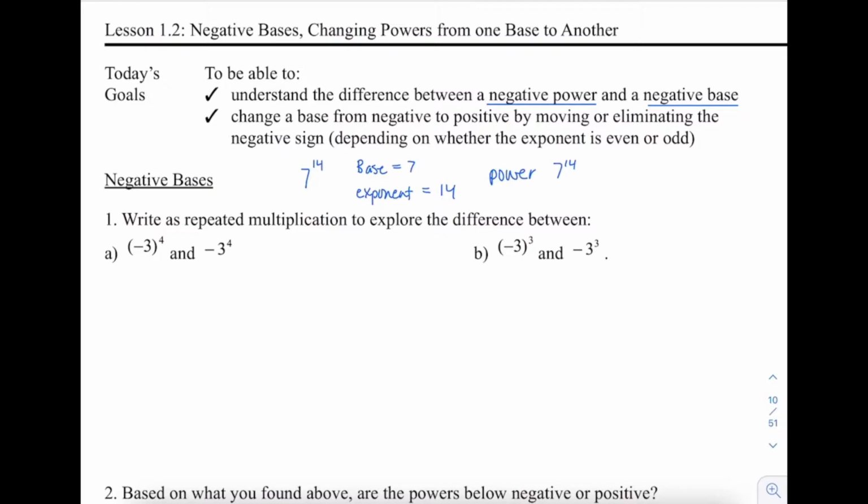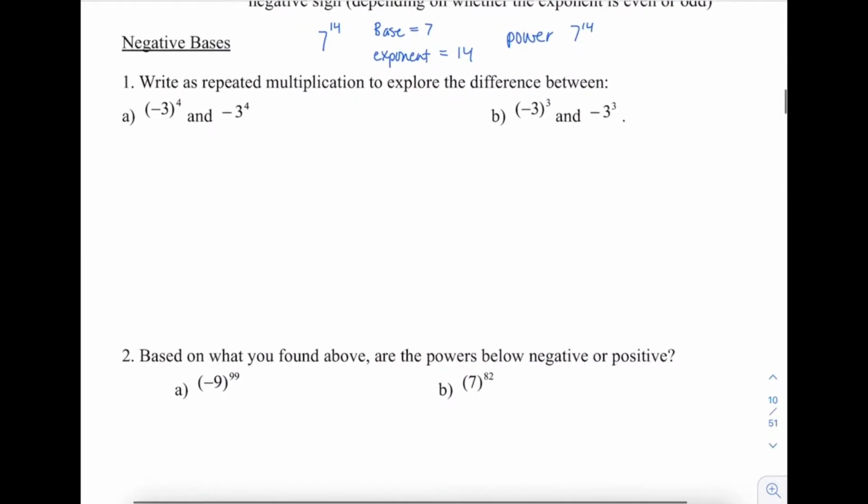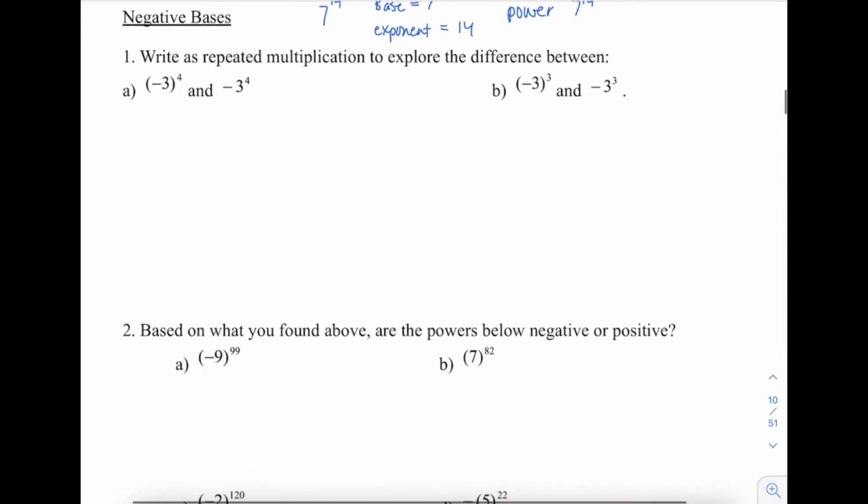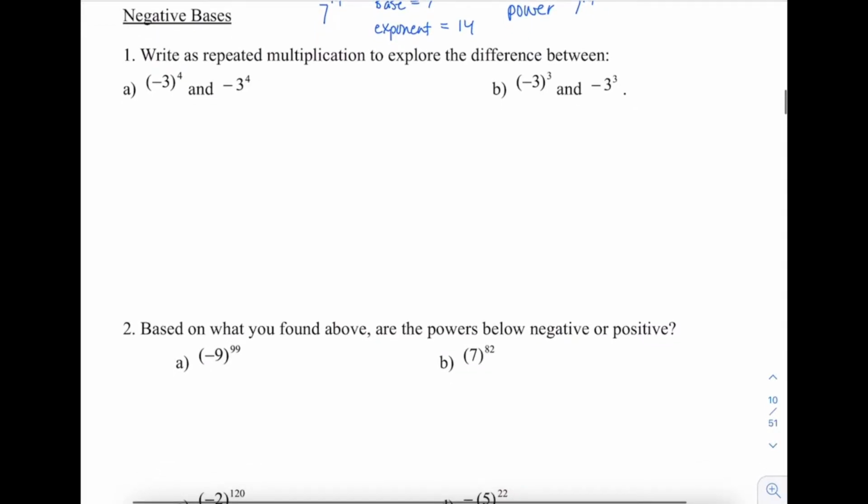So in order for us to understand the difference between negative bases and negative powers, we first have to explore what negative bases are a little bit more closely. So we're going to look at number 1a, and we're going to write two different powers using repeated multiplication. If you recall, negative 3 to the power of 4, with brackets, represents repeated multiplication of a base.